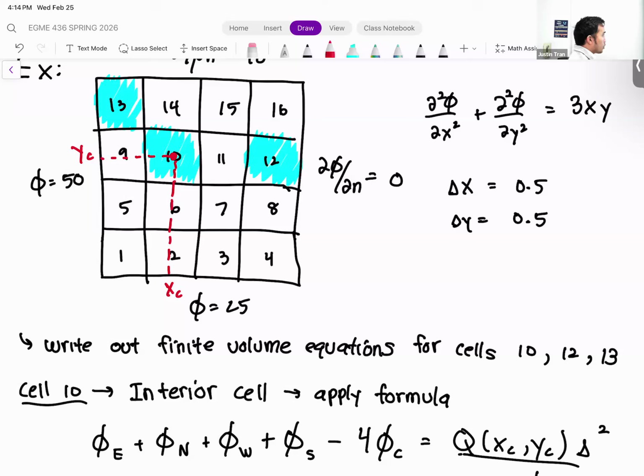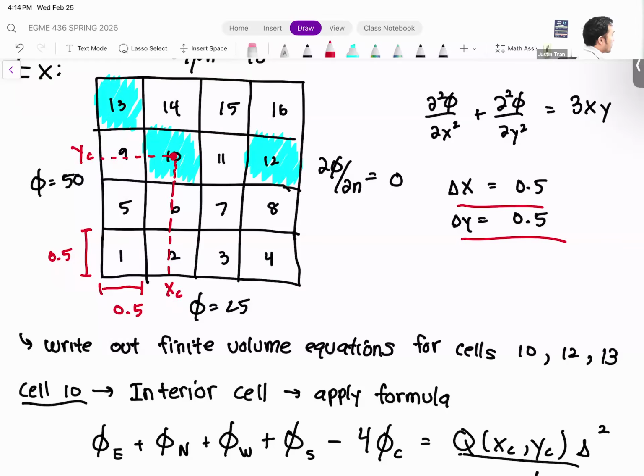We know from the problem that the grid spacing in each direction is 0.5, which means the length of the cell in each direction is 0.5 meters, I guess you can say. And the centroids of each cell are in the center.